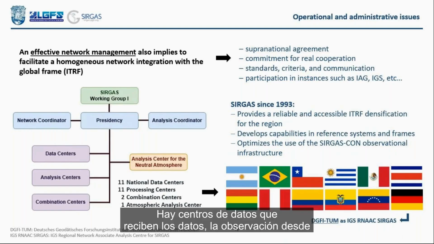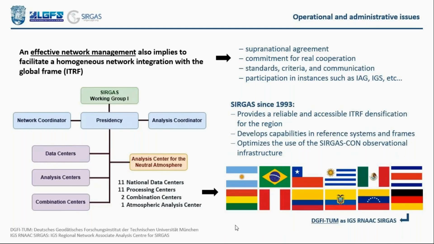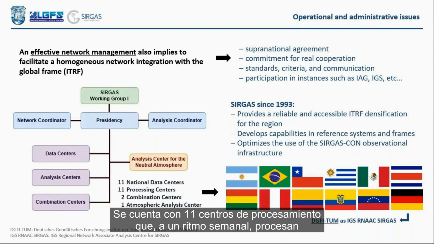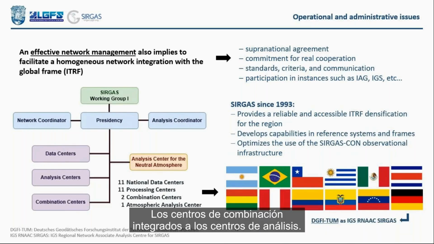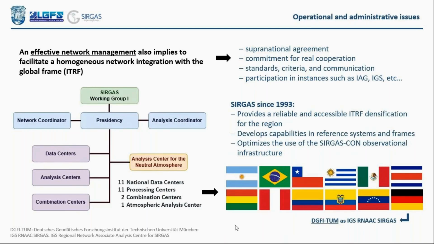There are data centers that receive the observations from the stations, the national contributions, and we have 11 processing centers that at a weekly rate process the SIRGAS-CON network, providing high quality coordinates. And the combination centers integrated with the analysis centers fulfill that requirement.